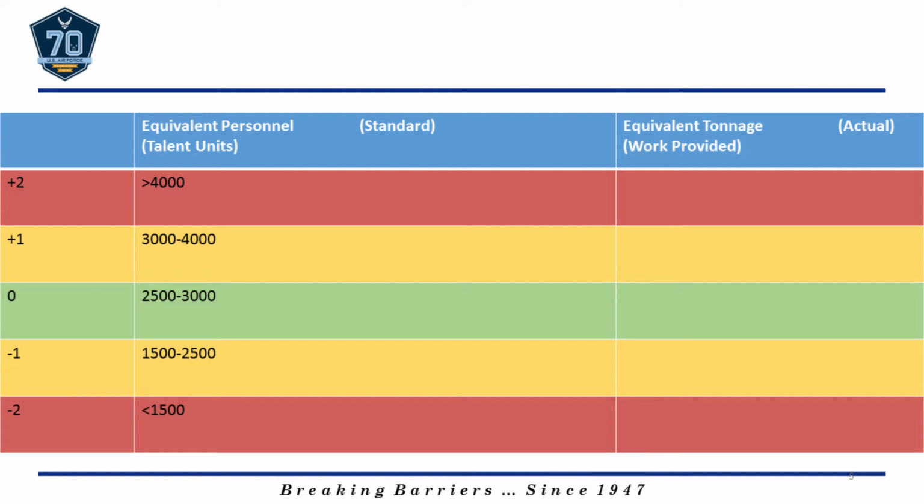Maybe we can divert some of that cargo to Spangdahlem, Mildenhall, Aviano in order to alleviate that, get them back down into the green, and maybe push a +1 to some of these other locations, because that's what the network is for.